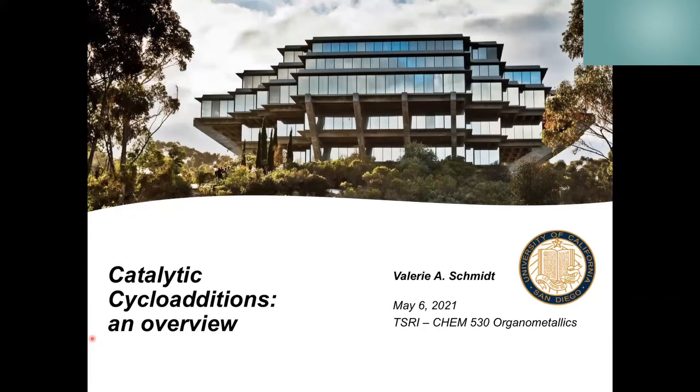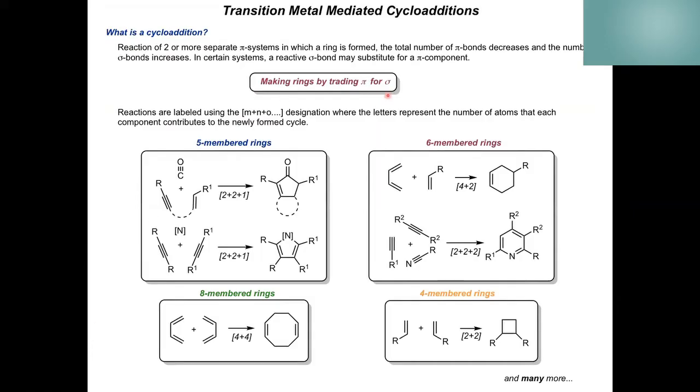Briefly, this may be a topic that you have some familiarity with from other courses, but just to center ourselves and give you an idea of the types of cycloadditions I'd like to talk about today: first and foremost, what is a cycloaddition? As is sometimes the case in chemistry, and sometimes the opposite, the names we give things make it very clear what we're probably talking about.